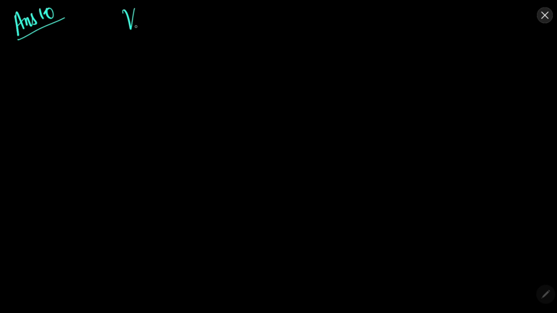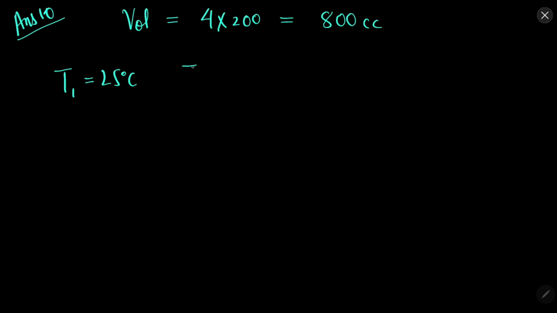Volume of water boiled is 4 into 200 cc, that is 800 cc. T1 is 25 degrees Celsius, T2 is 100 degrees Celsius. So change in temperature is 75 degrees Celsius.